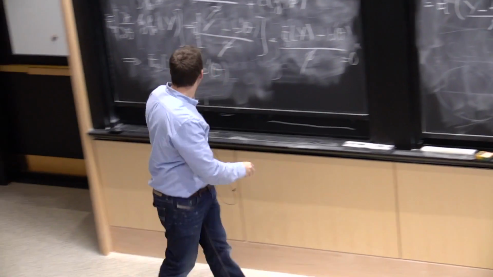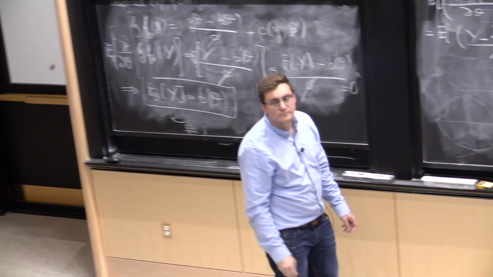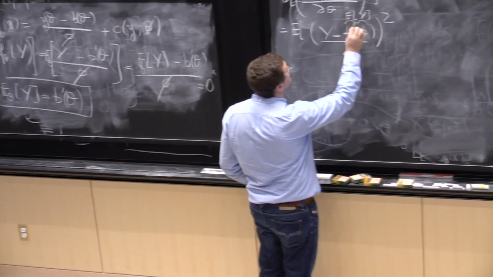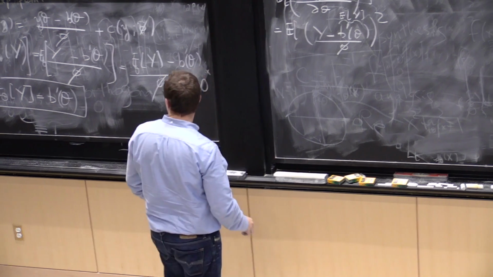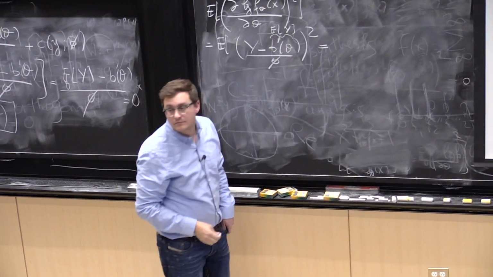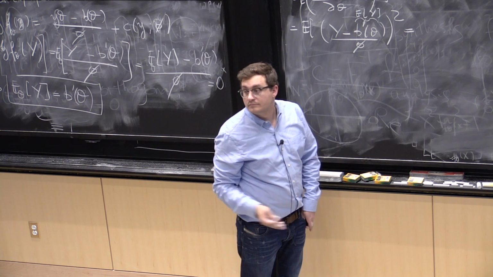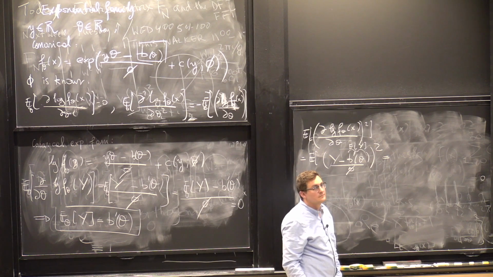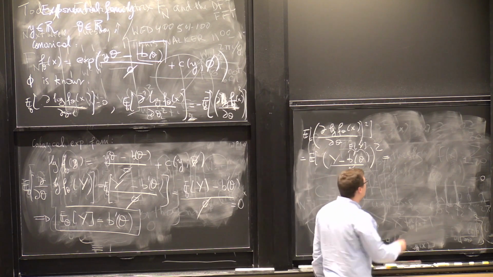We just computed that here. Yeah, that's b prime, there's a derivative here. OK? So now, this is what? This is simply, anyone? Variance of y, but there's the scaling by phi squared, right?